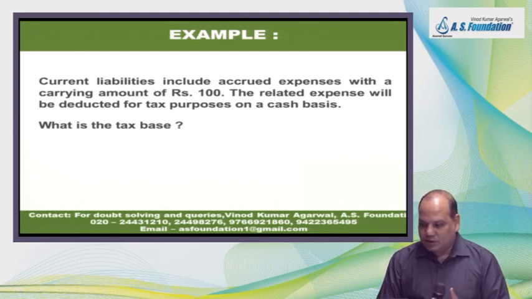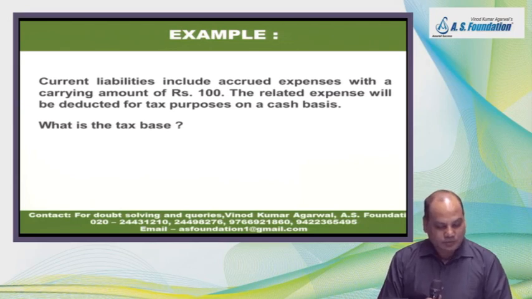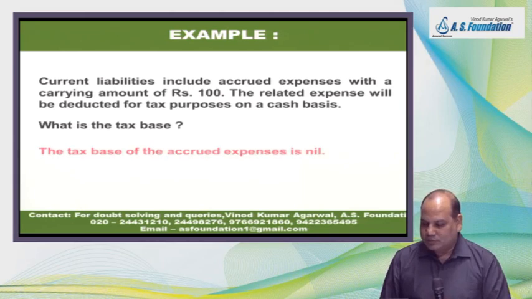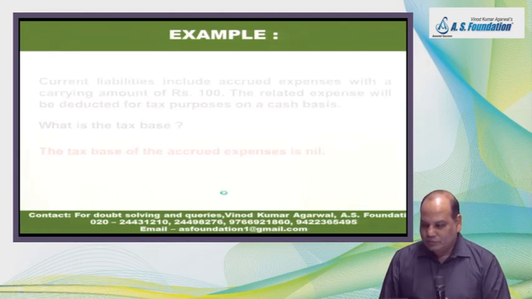Is it a liability? Yes. Is it related to expense? Yes. Tax base is carrying amount minus amount that will be deductible in future. 100 minus amount that will be deductible, 100. So what is the answer? 100 minus 100. Write down 0.